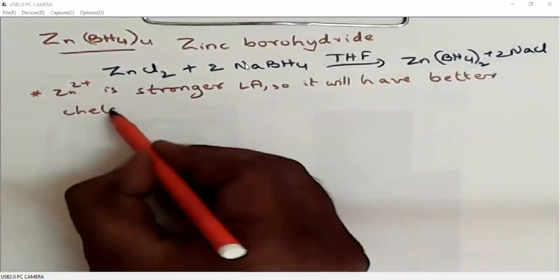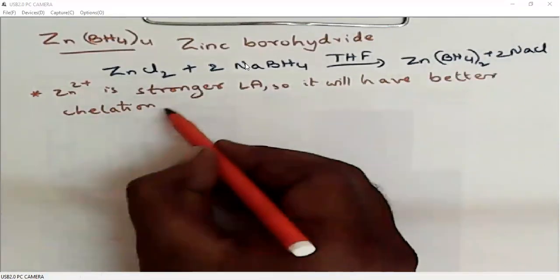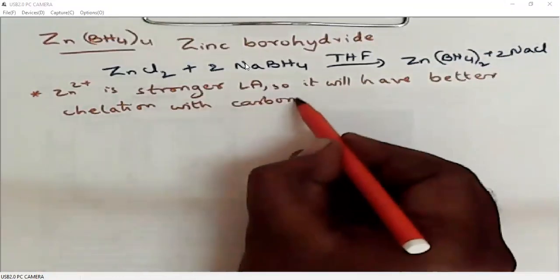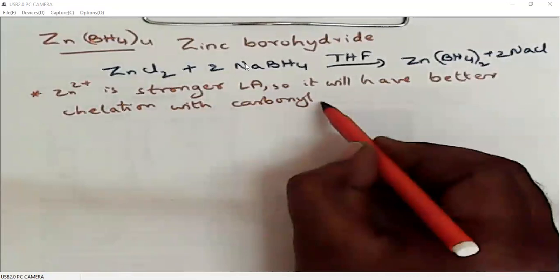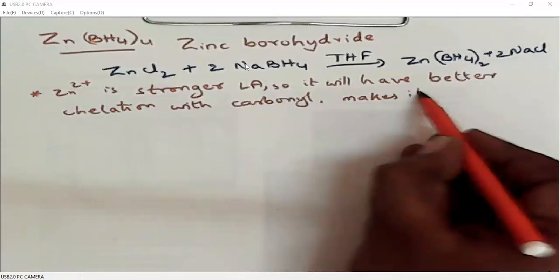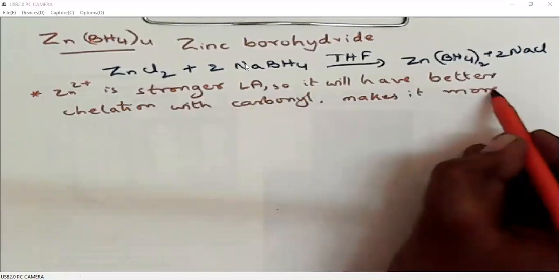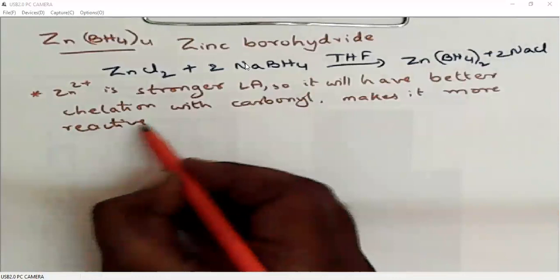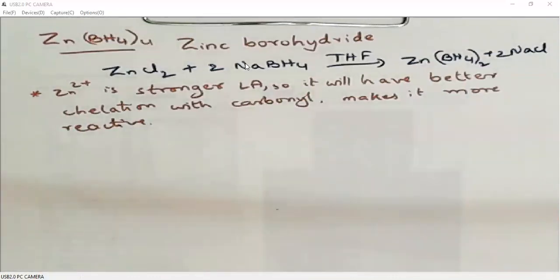We will write chelation with carbonyl. This makes the carbonyl more reactive.